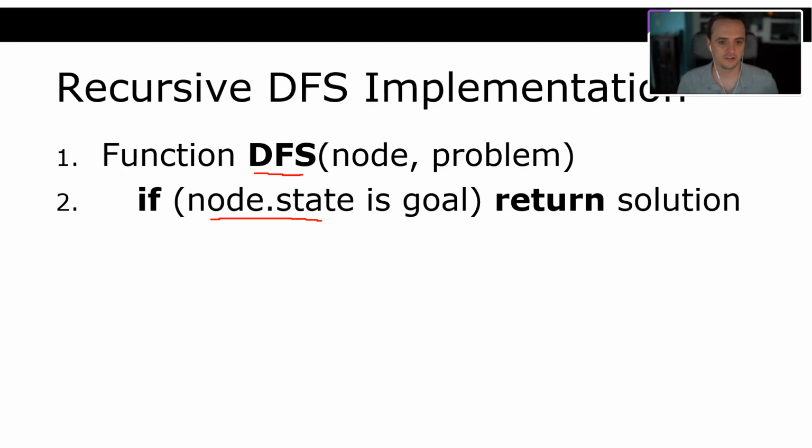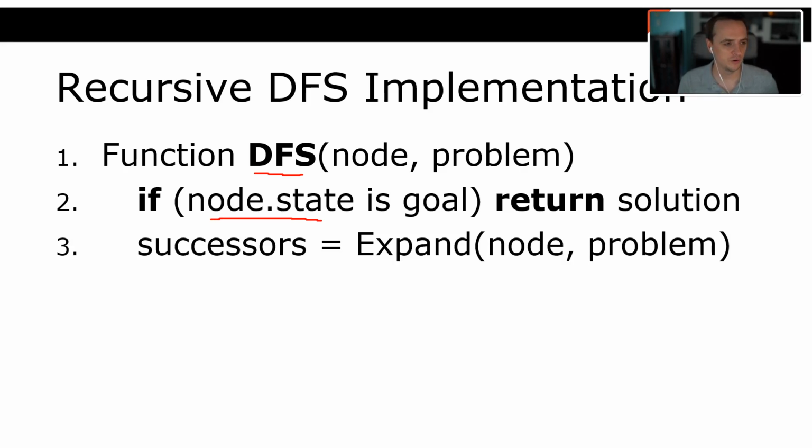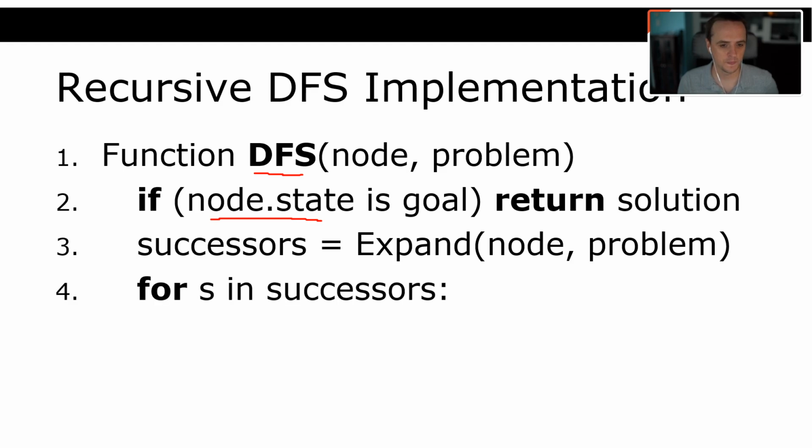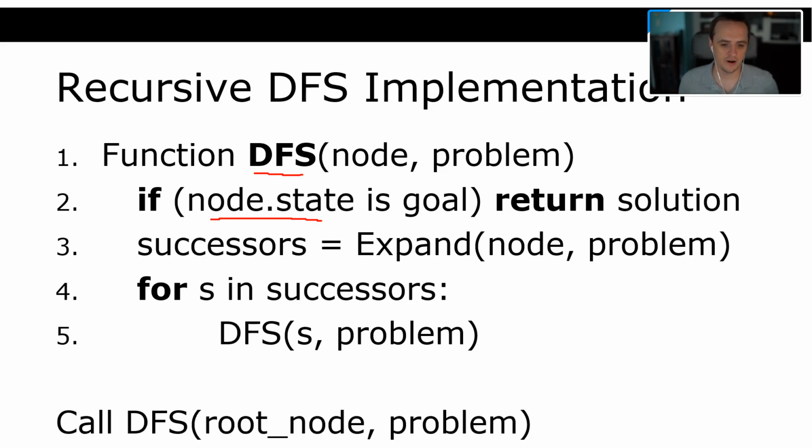If it is, return the solution. Otherwise, we generate the successors of the node, and then for each of the successors, we call depth first search on the problem, right? And then somewhere outside, we call depth first search on the root node with the problem. So this is a recursive function. This is probably how you've seen depth first search implemented before. That's it, okay? So this is a recursive implementation of depth first search, and it works well, but looking at it in this way doesn't show the similarity to breadth first search.